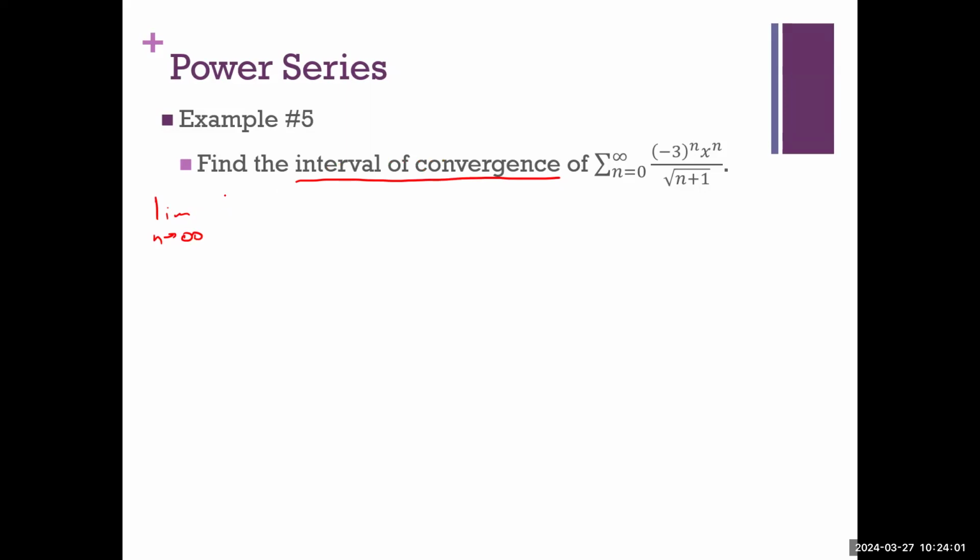x to the n plus 1 over the square root of n plus 2, times the square root of n plus 1 over -3 to the n times x to the n. All right, go with that.